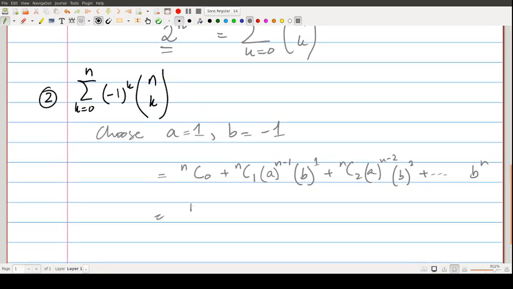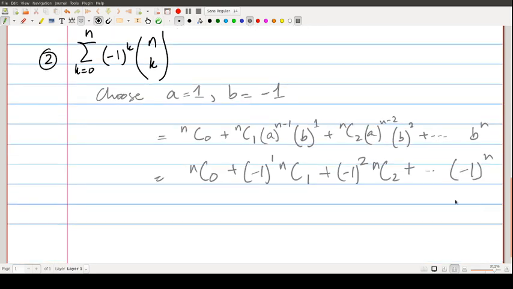And so this is simply nc0 plus, this is 1, so I can ignore it, this is -1, so this is -1 to the power 1 nc1. Next term is b is -1 again, so -1 to the power 2 nc2 plus dot dot up until -1 to the power n. And so you can write this entire thing as follows.